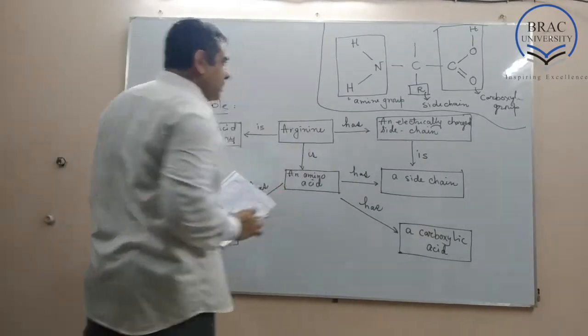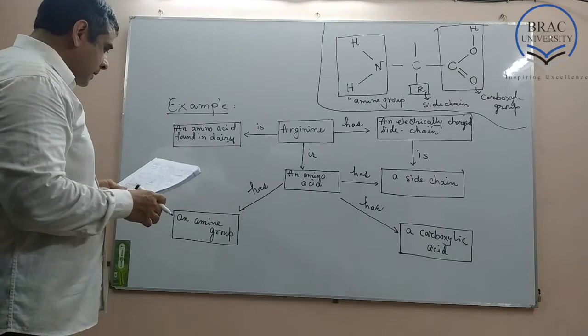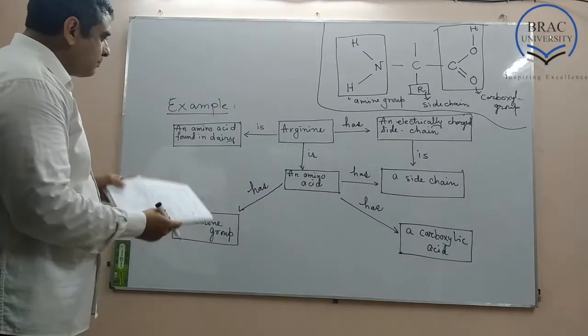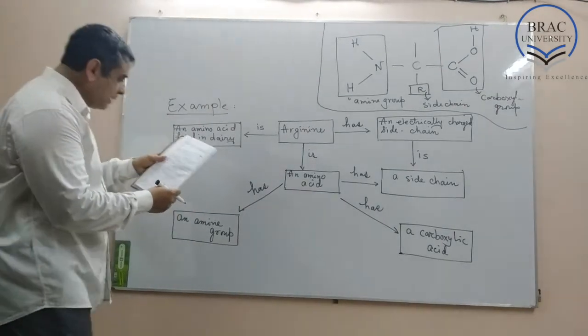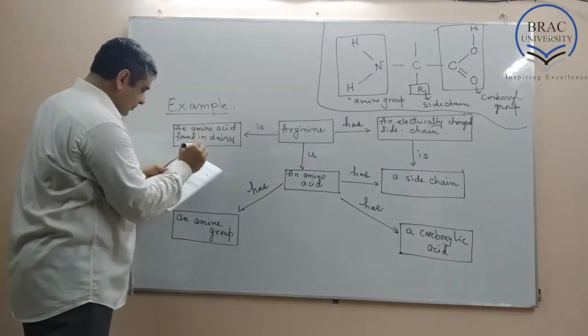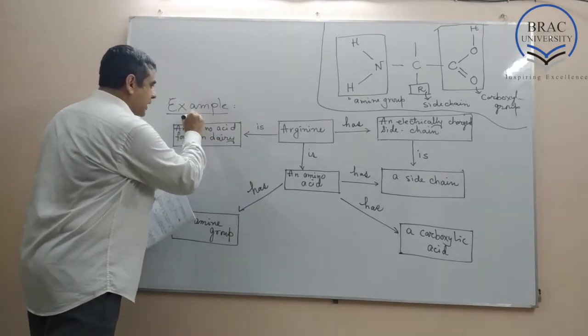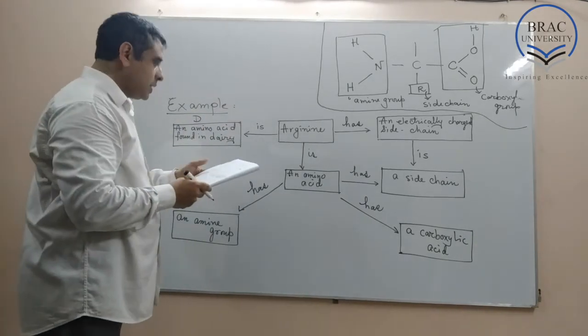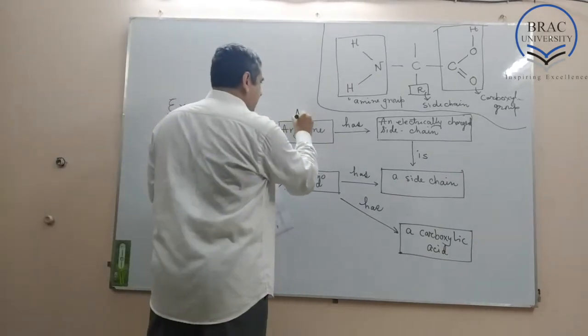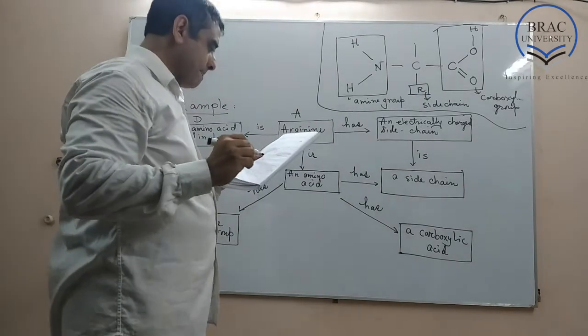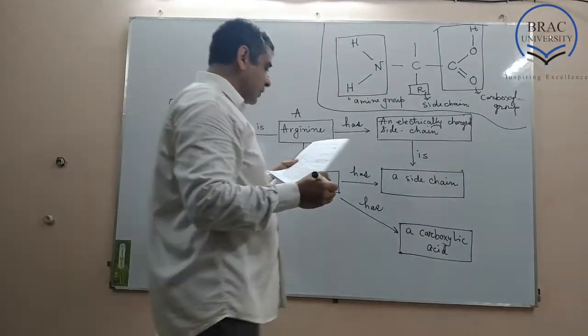Okay, so before doing that, let me put symbols for these boxes. An amino acid found in dairy is symbolized by D. Arginine is symbolized by A. Or you can also call it some other label.